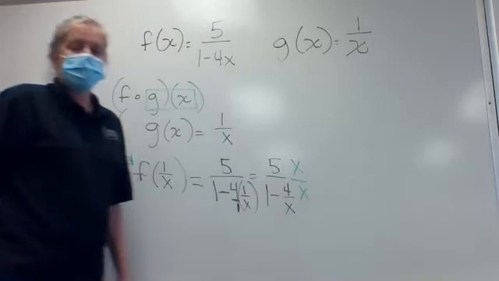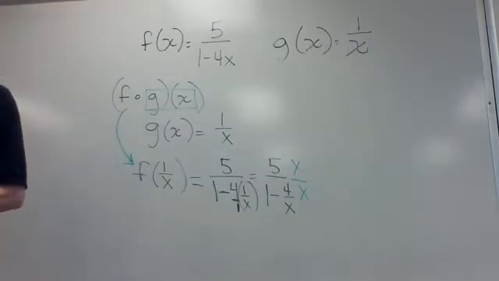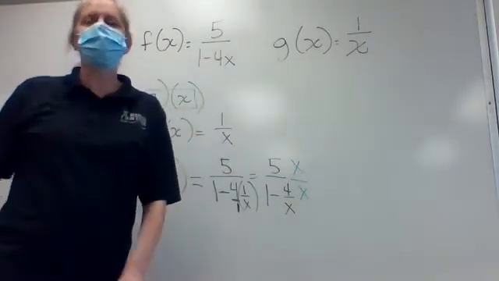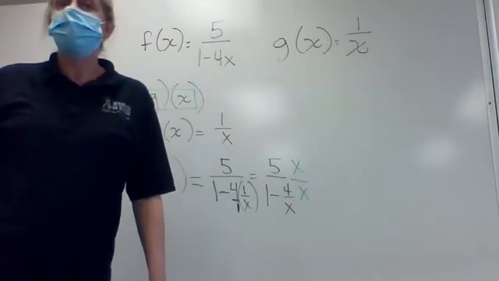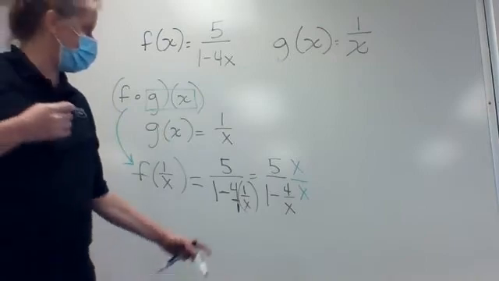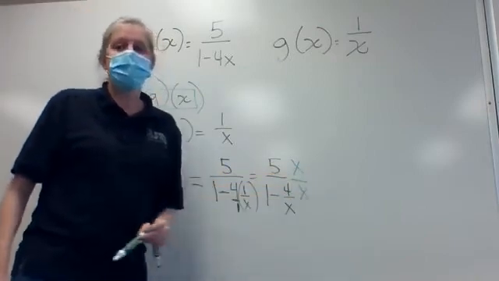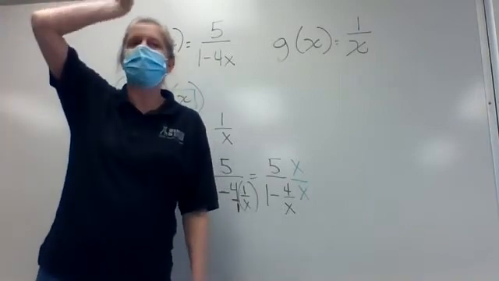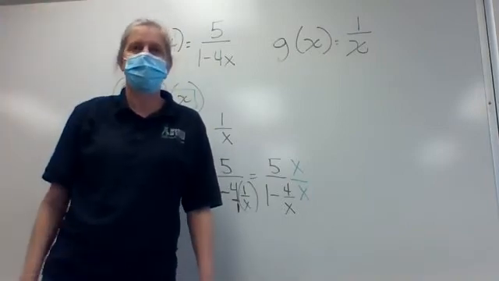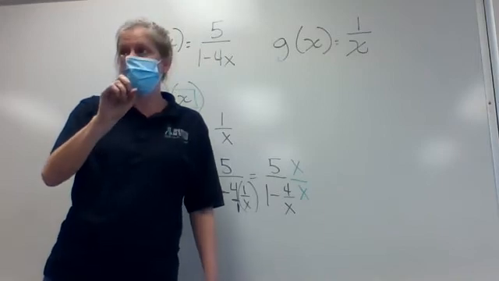Now, I can't just start multiplying random things without changing stuff. But why do I do it on top and bottom? Because what is x over x? Or what is the fraction equal to if you have the same thing in the top and the bottom? It's always equal to 1.